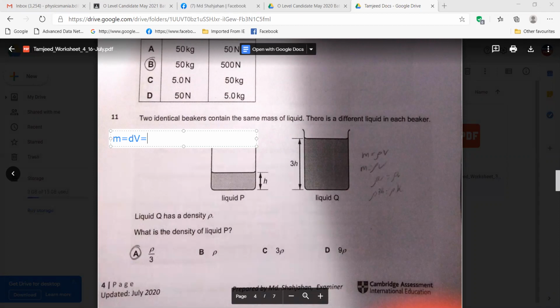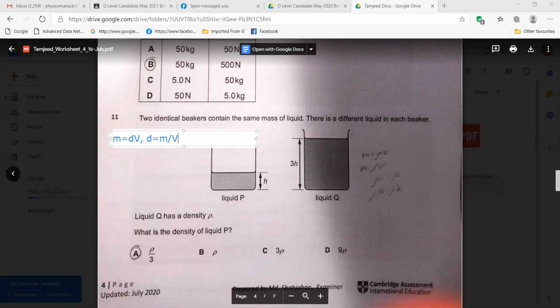That's why I'm writing dv. Now density multiplied by volume. Density we will find, so we can write here density equals m by v. That will be better.